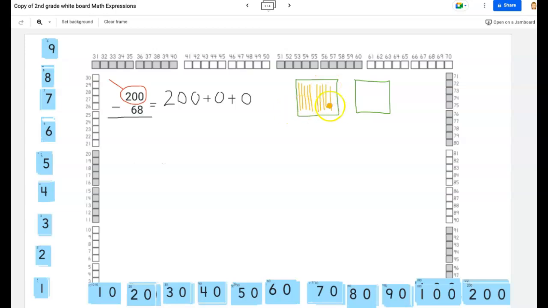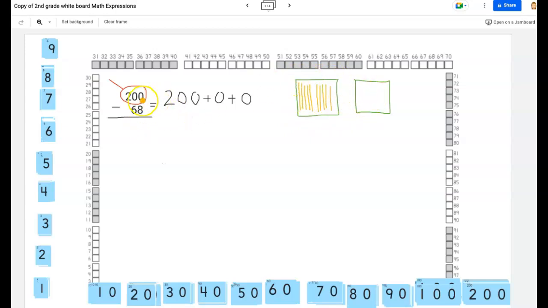So here we have the 10 tens, and if you counted them by tens, watch what happens. 10, 20, 30, 40, 50, 60, 70, 80, 90, 100. They add up to a group of 100, which we're able to regroup into a whole other group of 100.